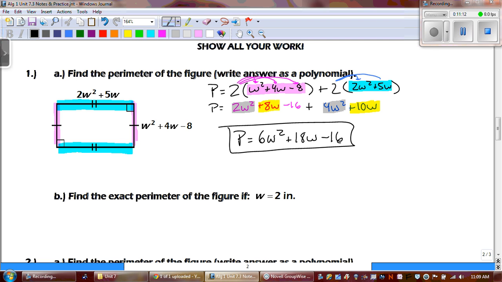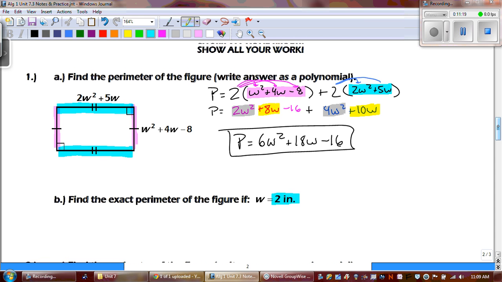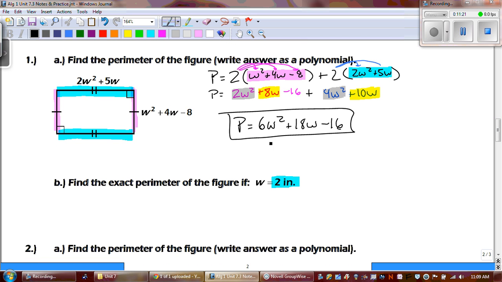Now the next one says to find the exact perimeter of the figure if w equals 2 inches. So now we're going to use that formula that we just did. We're going to use this guy and plug in. So, whoops, 6w squared plus 18w minus 16, and we're going to plug in a 2. Now, order of operations, or you can just plug it into your calculator.